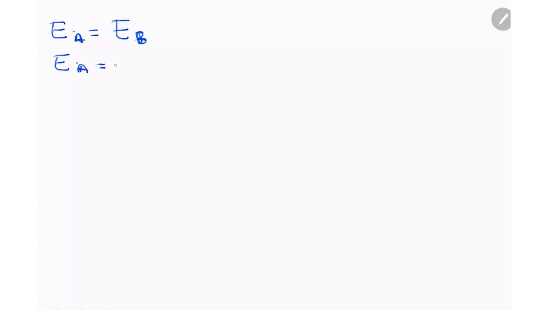What is the energy at point A? The energy at point A is the kinetic energy at that point plus the potential energy. The kinetic energy is equal to 1/2 of the mass times velocity squared at that point, plus mass times gravity times the height at that point.